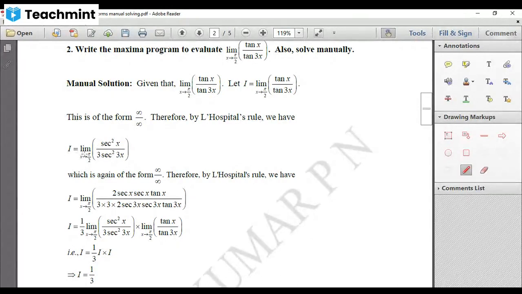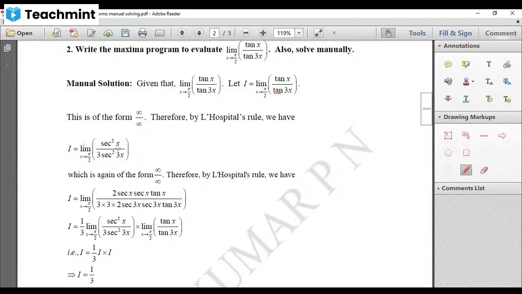By L'Hopital's rule, differentiate numerator separately and denominator separately. What is the derivative of tan x? Secant square x, divided by derivative of tan, which is secant square 3x, into, derivative of 3x is 3. So you'll get 3 secant square 3x in the denominator.